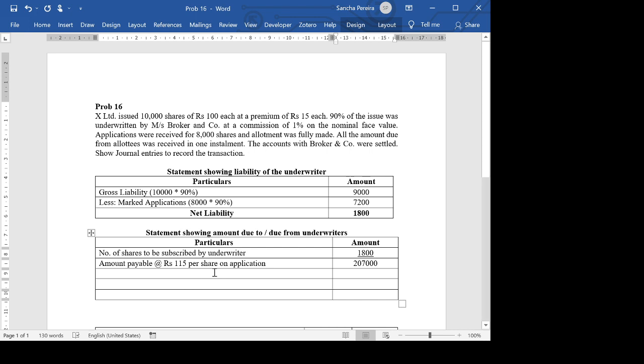Okay. Now there's no question of minusing what is paid on firm underwriting, because there's no firm underwriting. So this is also going to be the balance payable by the underwriter. So I'll say amount payable only. Okay, it's understood that that is going to be the amount. Next, I calculate the underwriting commission.